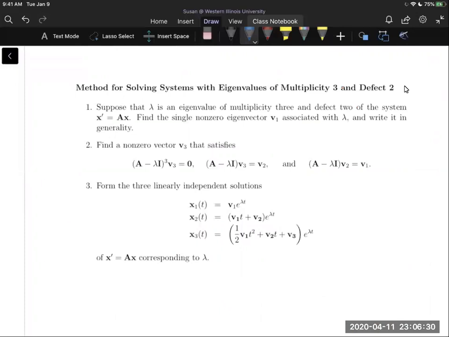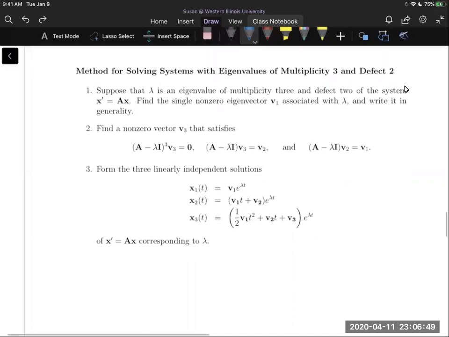Again, what that means is you have a multiplicity 3 eigenvalue. You can only find one linearly independent eigenvector. So you are missing 2 out of the 3. And so this system is going to tell you how to handle that.